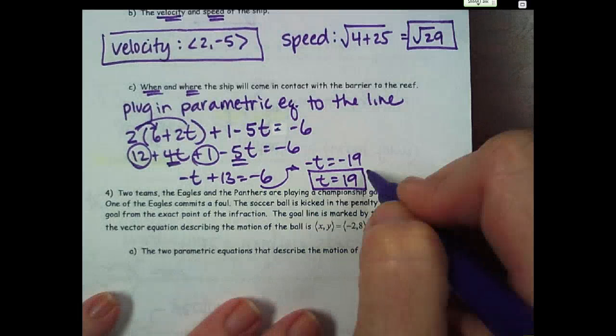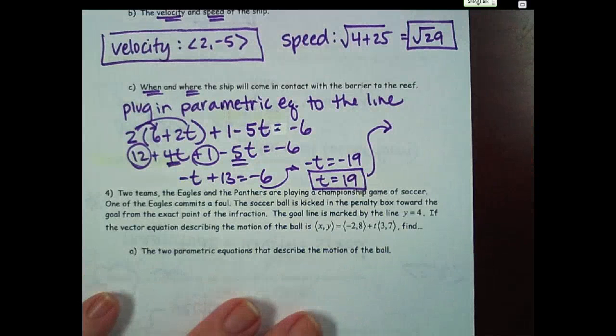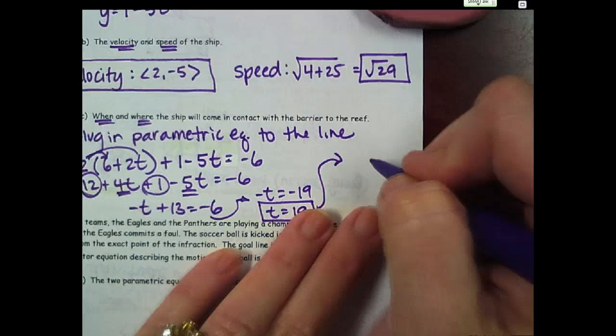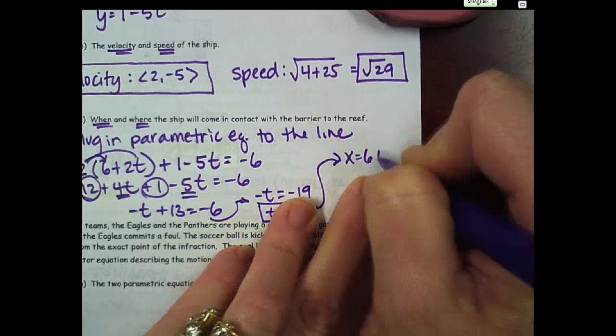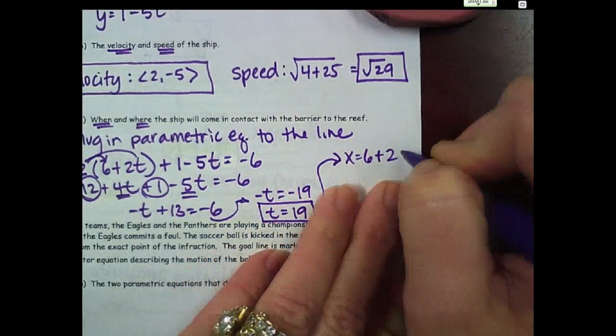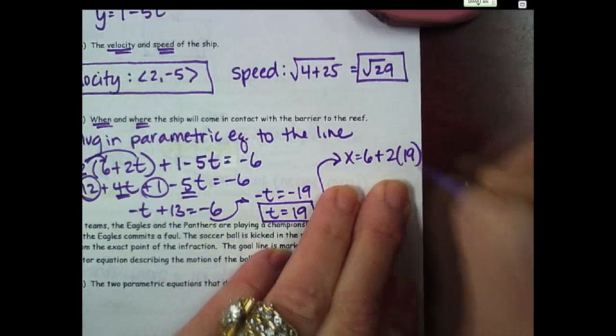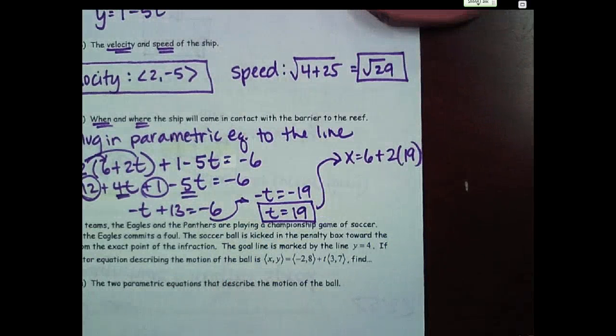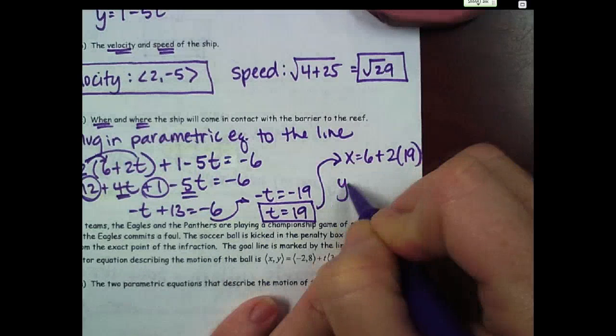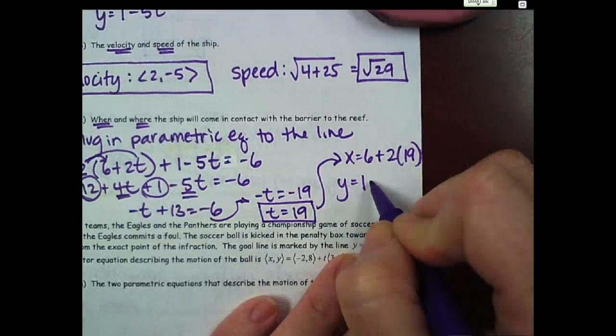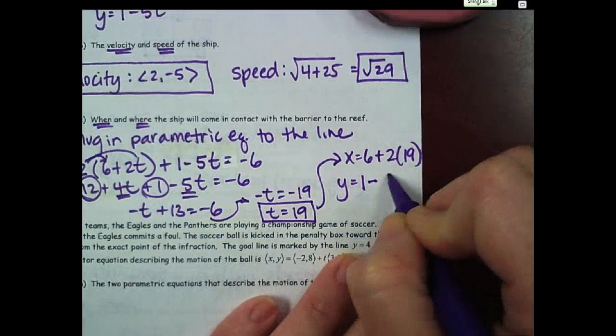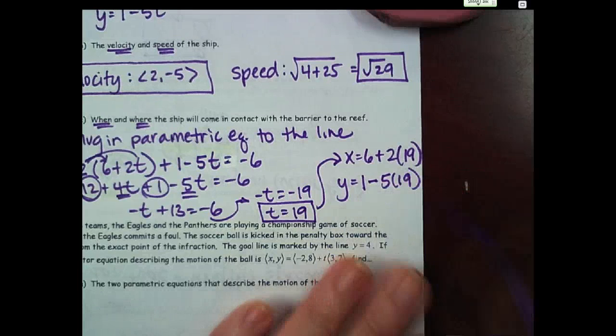You take this and plug it into your parametric. So to find where, I know x starts at 6 and jumps 2 for every amount of time. How many times am I going to jump? I'm going to jump 19 times. And y starts at 1 and goes down 5 every single time, which is 19 times.